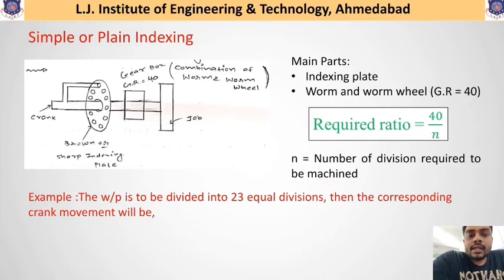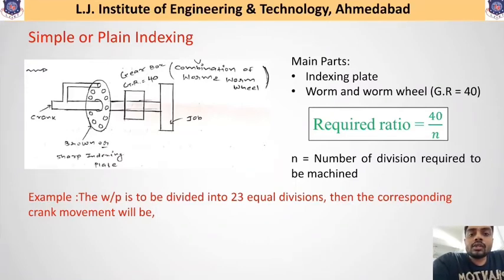But if you divide 360 by 23, you will find that it gives a value with decimal points, maybe 12.66, maybe 12.77. So how can you accommodate that 0.77 value? That value in decimal points cannot be accommodated using simple direct indexing.